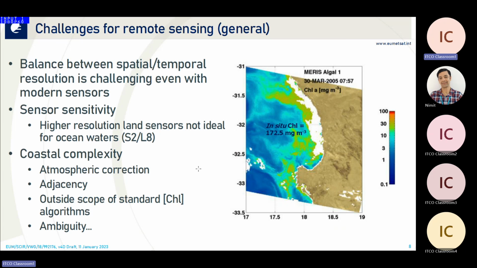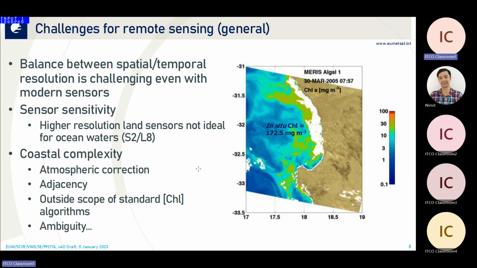So the sensor sensitivity is really very important. For instance, when we have a medium to high resolution sensor like Sentinel-2 or the Landsat series, we don't have a very good signal to noise ratio, which we need to compensate somehow. And then all these events usually happen in coastal areas, and this complicates a lot of things. So we have complex waters in complex areas.